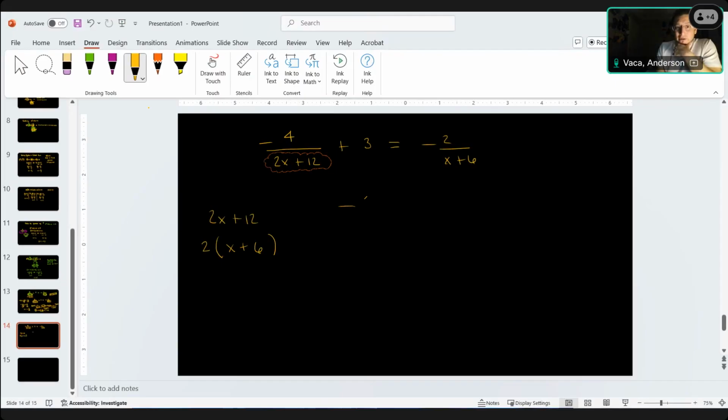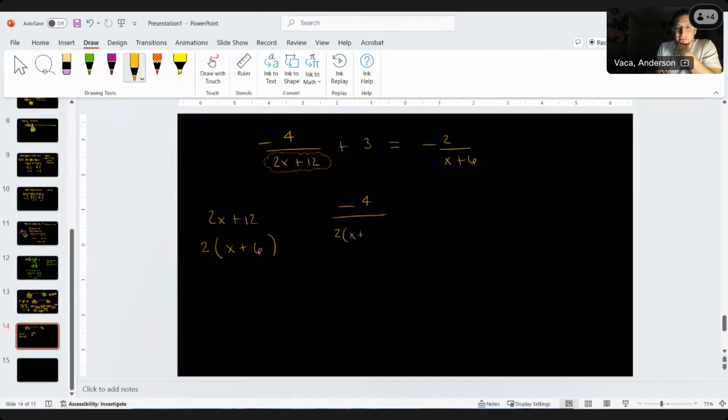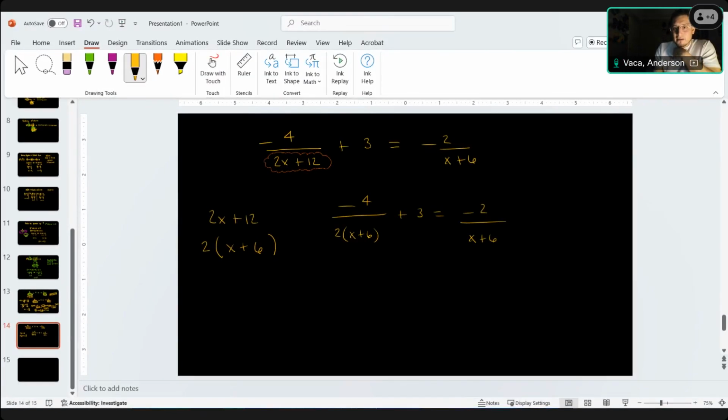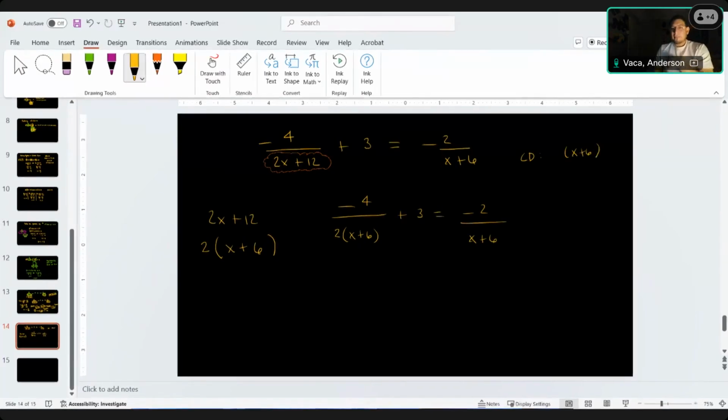This is negative 4 over 2x plus 6 plus 3 minus 2 over x plus 6. So now that I did that, the common denominator is going to have an x plus 6.